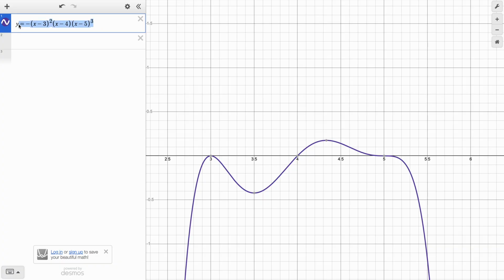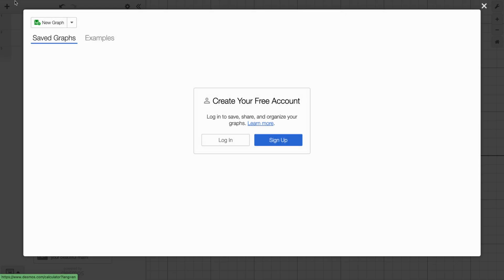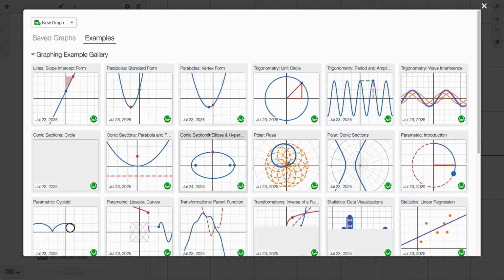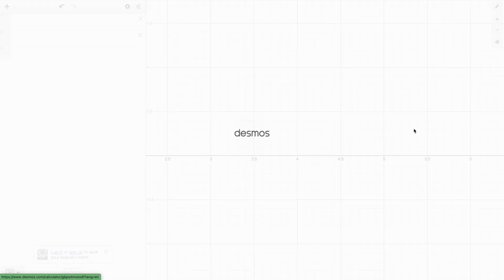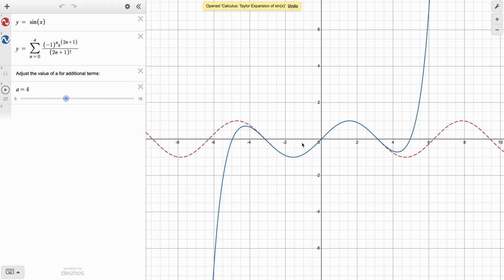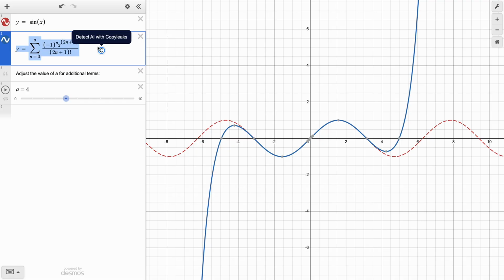In addition, when it comes to calculus, we could also use this to visualize something like Taylor series. For example, Desmos has lots of built-in visualizers. If we go to here, we will see that if we adjust the values for additional terms, Desmos already pre-built the sigma notation for us.